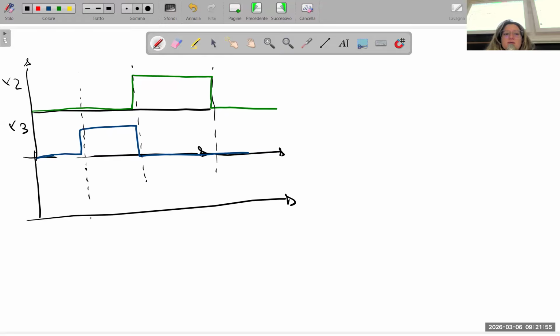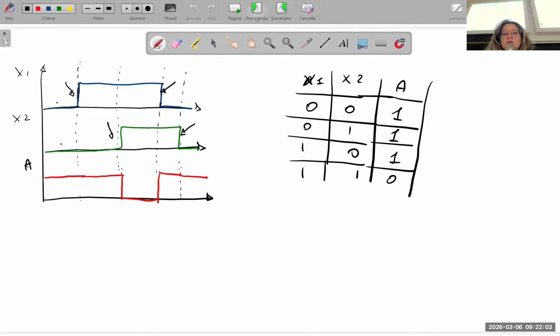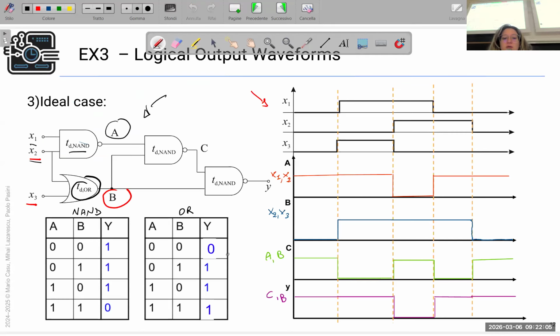B in this case is given by the OR. And what's the OR? It is 0 just if it's 0 and 0, and then always 1.